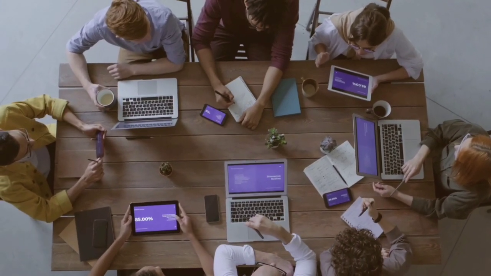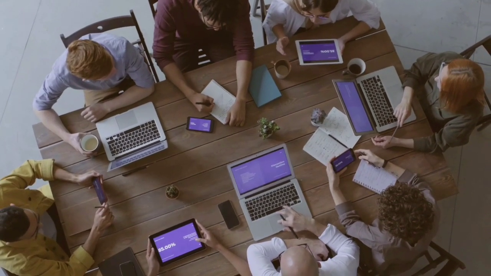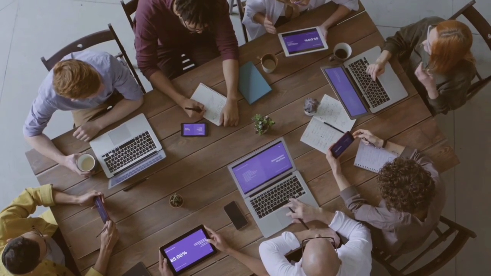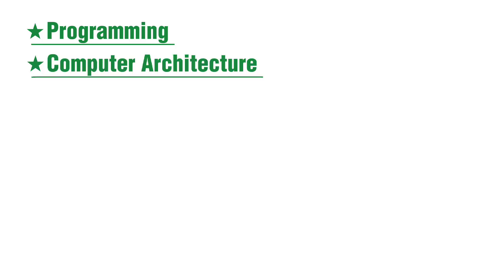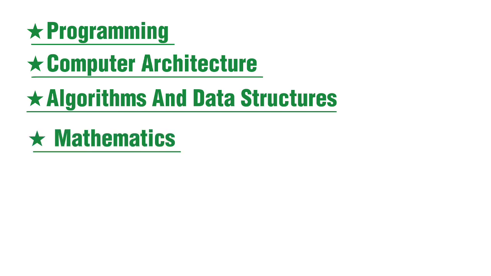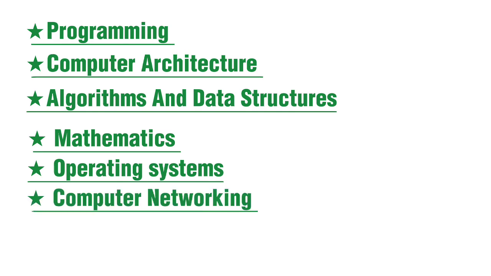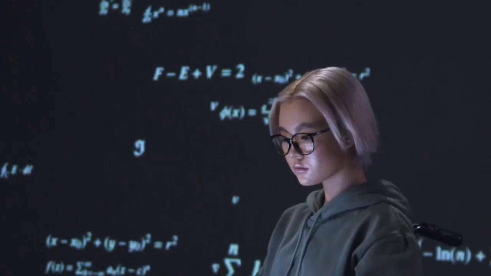Up till now, you know that there are a lot of possibilities out there, and we are going to find out which they are. They are as follows: programming, computer architecture, algorithms and data structures, mathematics for computer science, operating systems, computer networking, databases, languages and compilers, distributed systems.